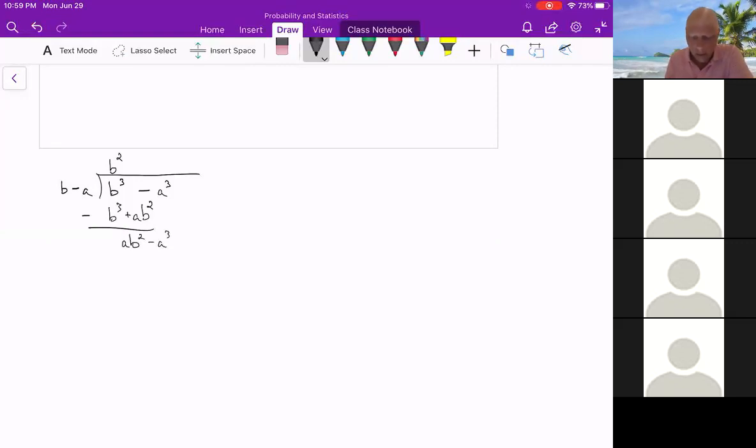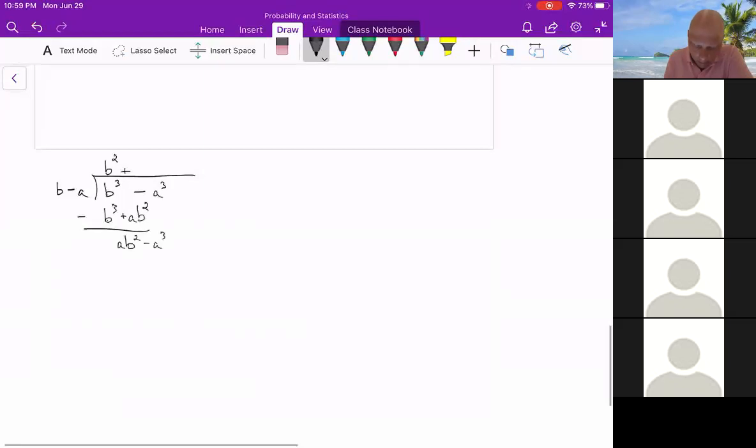I look, b goes into a b squared, a b times. So I multiply through, and I've got a b squared minus a squared b. And I want to subtract this line from above. So my a b squares disappear and I've got a squared b minus a cubed. And I realize that b minus a goes into the first term, a squared times, and this gives me a squared b minus a cubed.